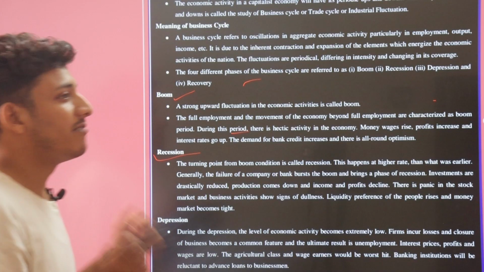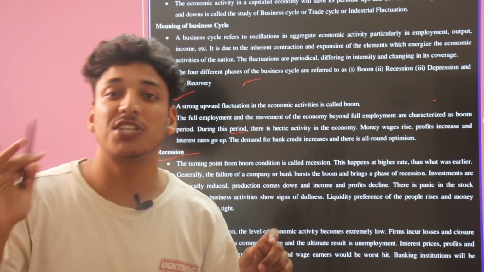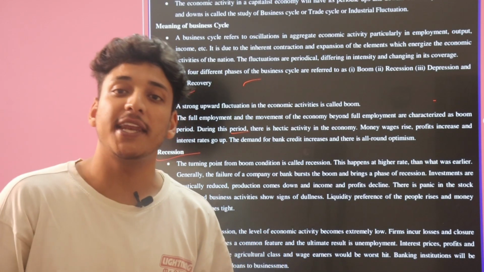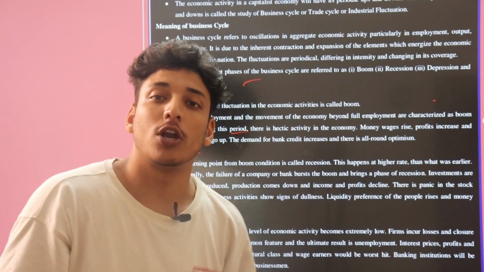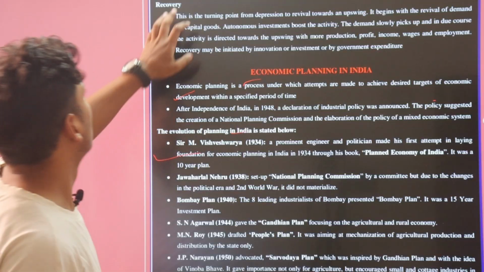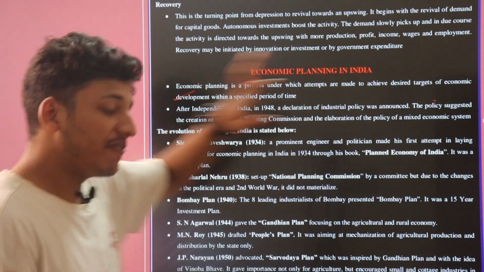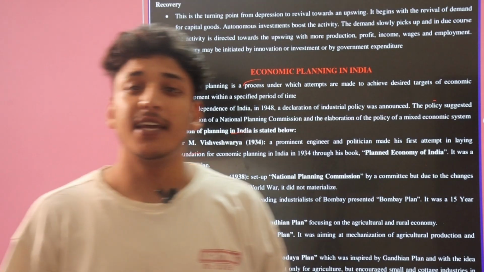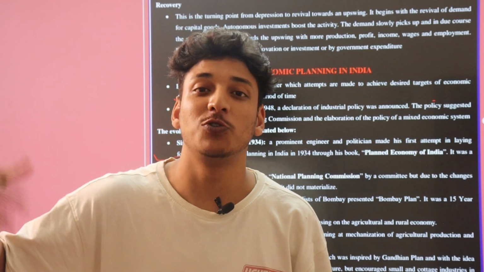And depression: when the recession stays for many years, that period is called depression. Now the recovery phase is a phase after recession, also called reflation. When our GDP growth is increasing gradually, that is the recovery phase in our business cycle.